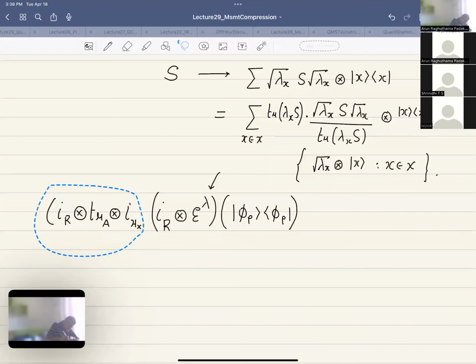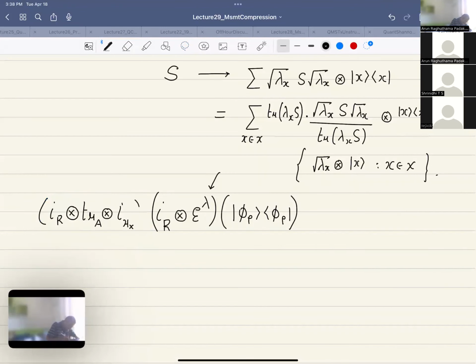So this is a composition map. I operate the measurement, then I trace out the particle. So I'll end up with just the reference and the HX. The correlation between the classical register and the reference space is intact because I'm only tracing out this. So this is my original measurement.